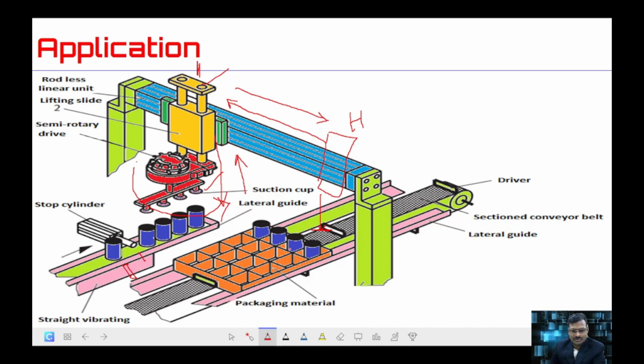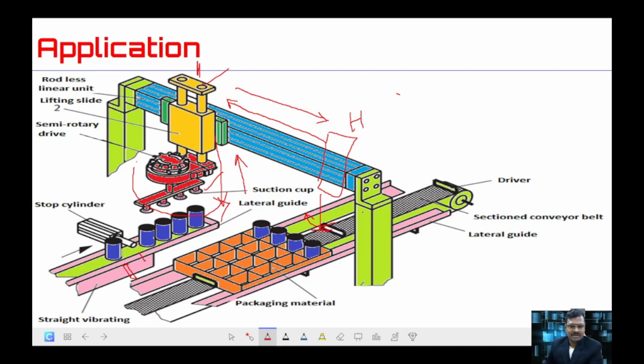Once it is placed in the required slot, the semi-rotary actuator will turn back clockwise. It rotated anti-clockwise, now it will turn back clockwise to the home position, and the lifting cylinder has to come back to the home position, and it will stay in this position. So this is one full cycle of operation of the application.